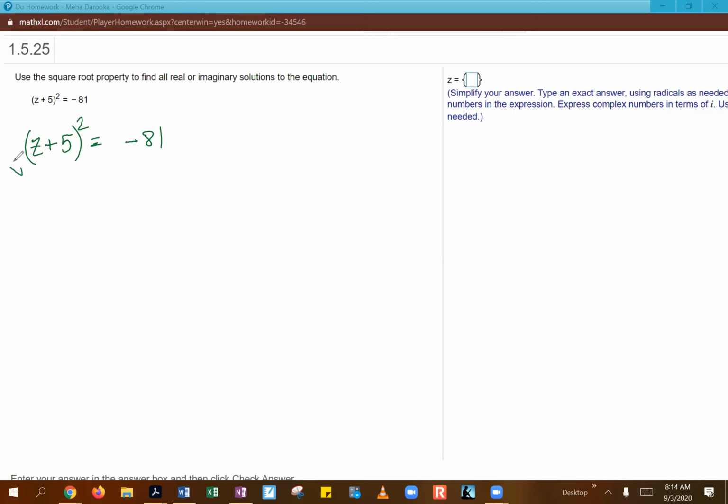And then just like we did before, we will take a square root on both sides. Now keep in mind, you will have a positive and a negative on that square root of negative 81. Of course, on the left-hand side, the square root and the square cancel out, leaving us with just the value on the inside, which will be z plus 5.